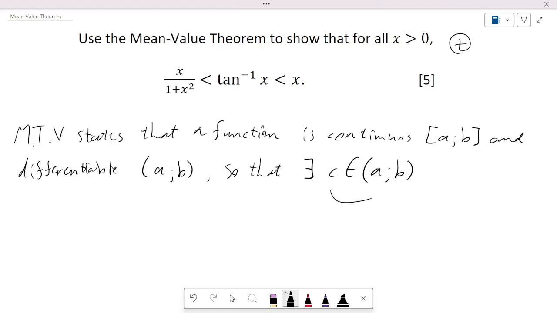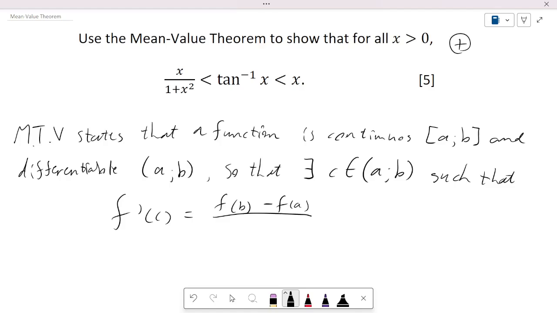So therefore the c must lie inside of the interval between a and b, such that we have the following formula: f prime of c is equal to f of b minus f of a all over b minus a.